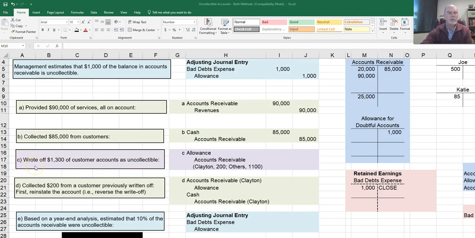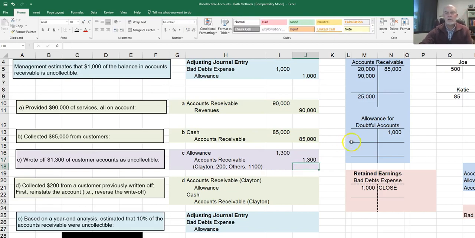Transaction C, now we've identified some actual customer accounts that are uncollectible. In this case, $1,300. Now remember, we set up an allowance for $1,000, and that was an estimate, but now we've identified $1,300 as actual customer accounts that we're going to write off. Well, we're going to write them off against the allowance account. So debit the allowance for $1,300 and credit accounts receivable for $1,300.